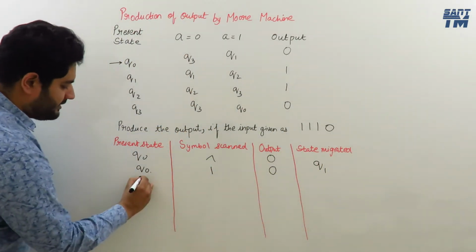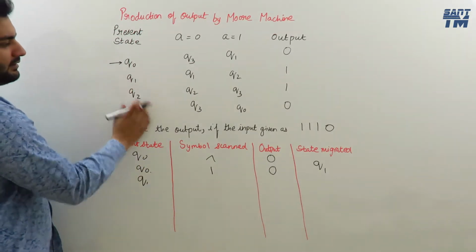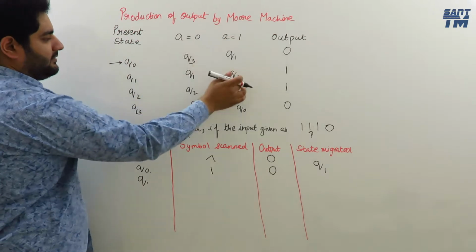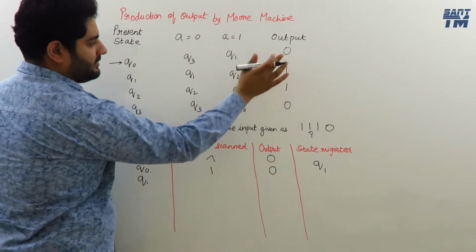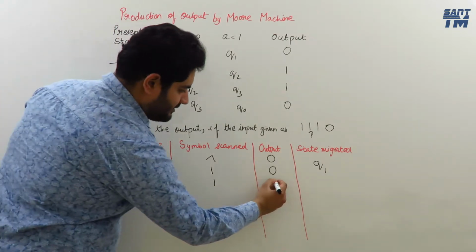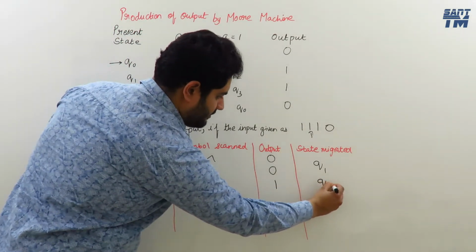Now our present state is Q1. Q1 on applying 1 produces the output 1 and moves to Q2.